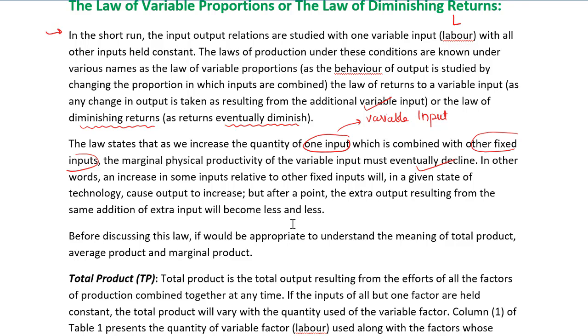In other words, the increase in some input relative to other fixed inputs will, in the given state of technology, cause output to increase, but after a point of time, the extra output resulting from the same addition of extra input will be less and less, and there would be some point when it will become negative also.